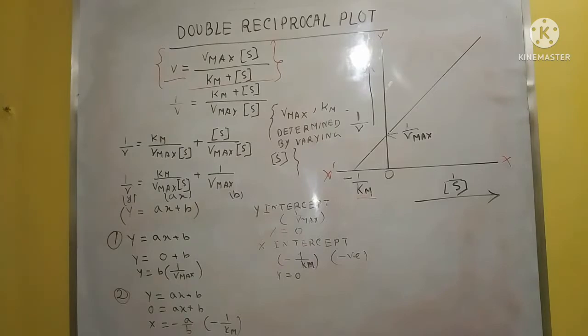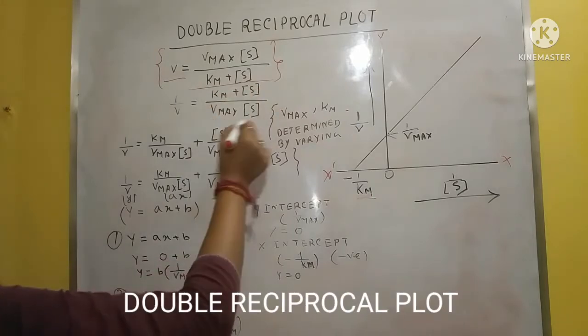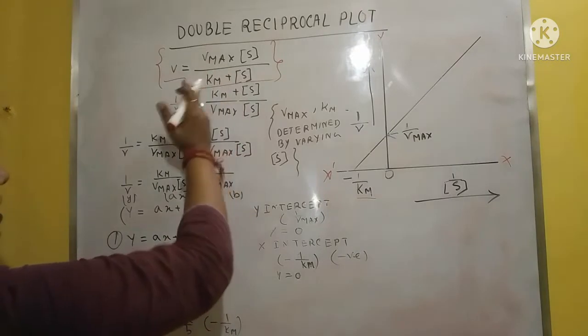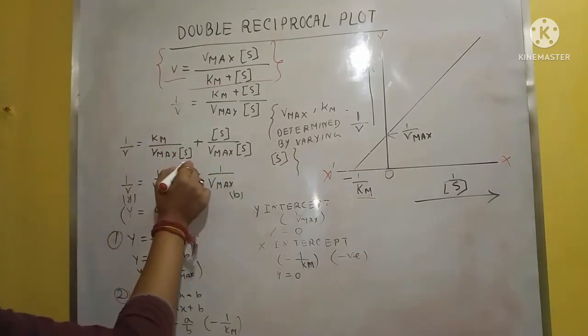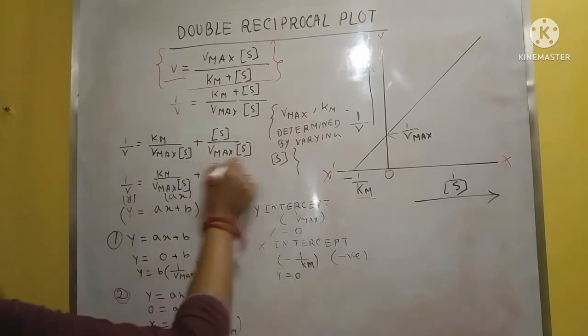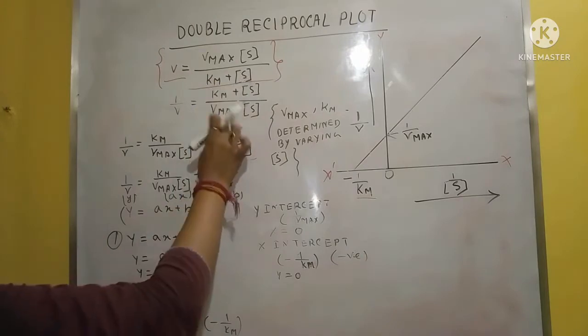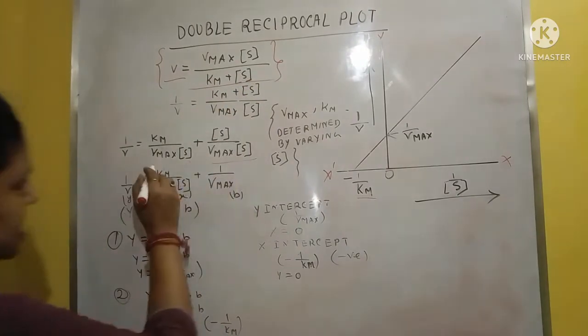Okay. So what happened here? This Km plus S by Vmax S, I just separate in that way: Km by Vmax S plus S by Vmax S. Km is separated from the substrate concentration term by Vmax S in such a way.